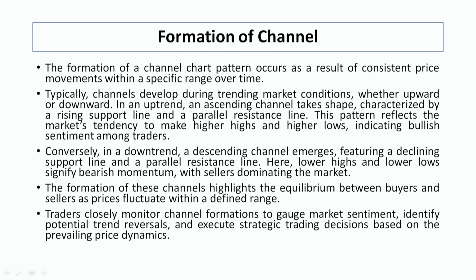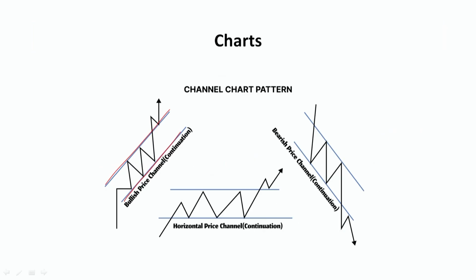This pattern reflects the market tendency to make higher highs and higher lows, indicating bullish sentiment among the traders. Conversely, a downtrend or descending channel emerges featuring a declining support line and a parallel resistance line. The lower highs and lower lows signify a bearish momentum. With the help of this particular diagram, we can see the higher highs are there, and this is a bullish condition.